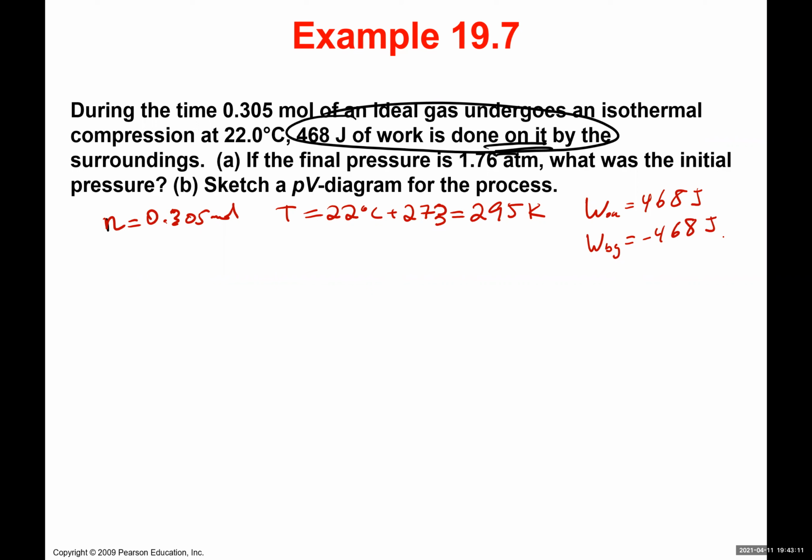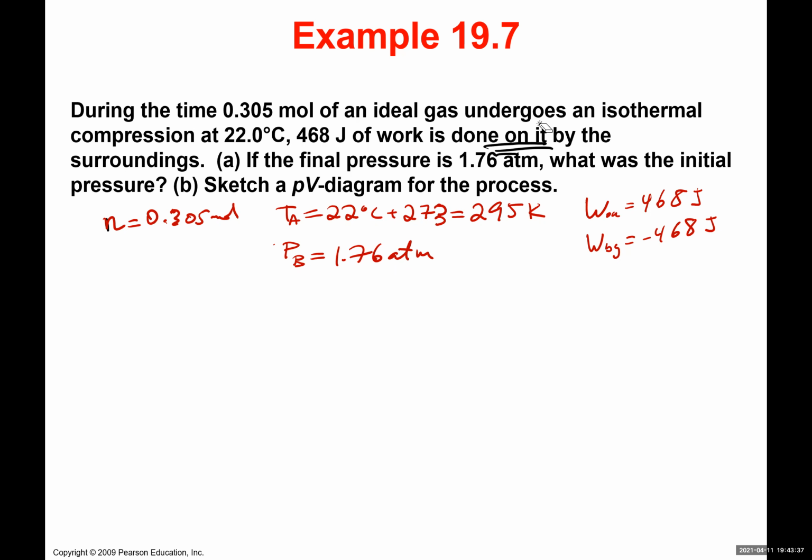So part A is asking if the final pressure is 1.76 atm. That means we can assume that this is, let's say, A, and PB is equal to 1.76 atm. What was the initial pressure? Okay.